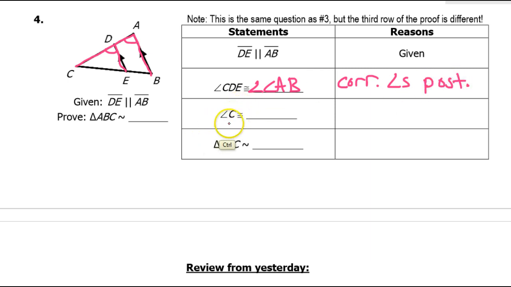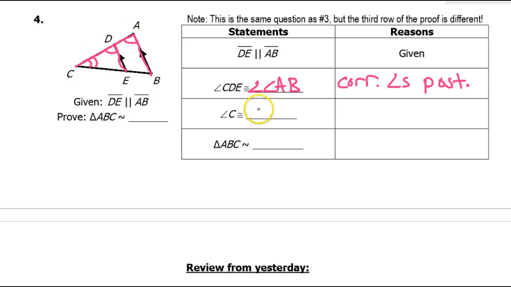Alright, but now they're saying angle C is congruent to something. Well, I hope you see that angle C is being shared by both triangles. Alright, angle C is an angle of the small triangle, and angle C is also an angle of the larger triangle, but it's the same angle. So guess what?